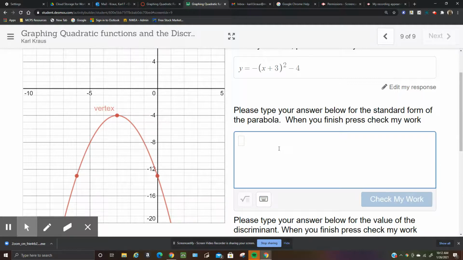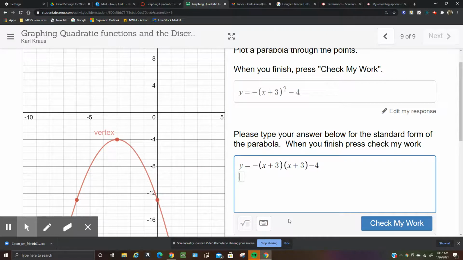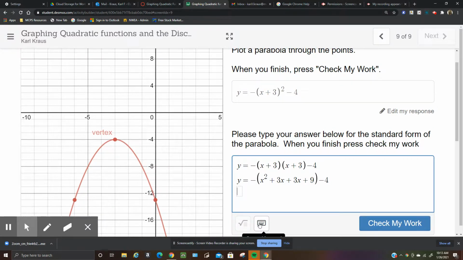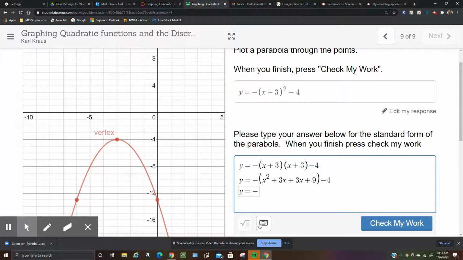The answer in standard form. So the opposite of x plus 3 times x plus 3 minus 4. x squared plus 3x plus 3x plus 9, minus 4, and then distribute the negative, and 3x and 3x is 6x.